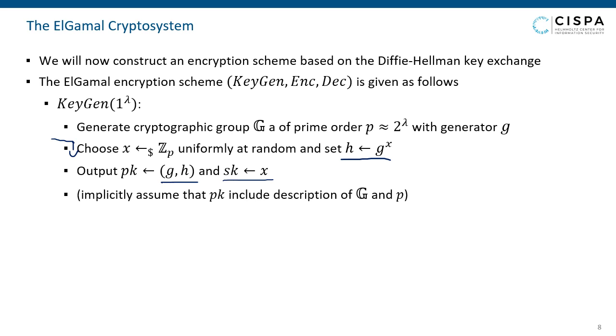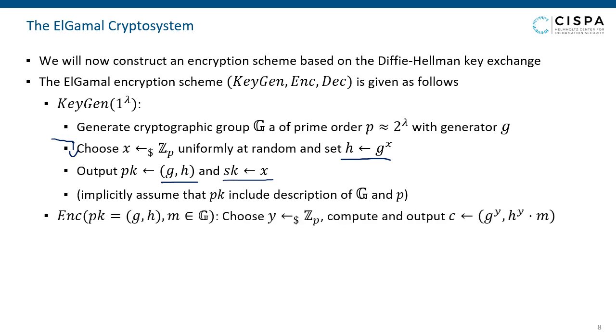Okay, so much for KeyGen. What does encryption do? Encryption takes the public key consisting of the two group elements g and h and a message m. This message m will be in the group, so this group G will also be our message space. Now choose a random y in Z_p and compute the ciphertext g to the y and h to the y times m.